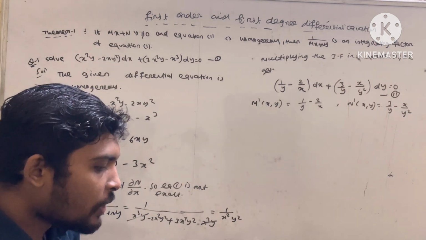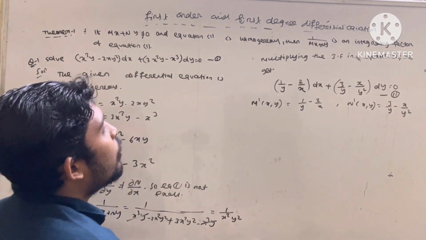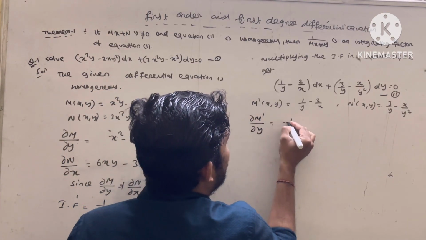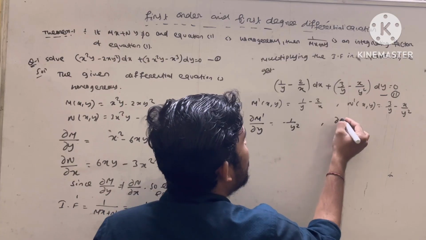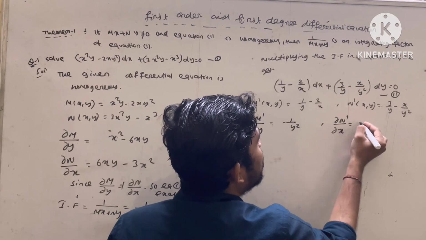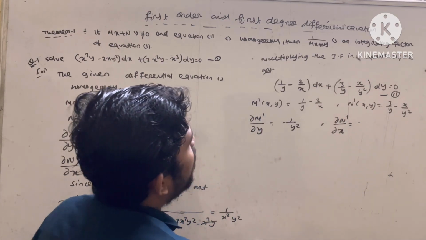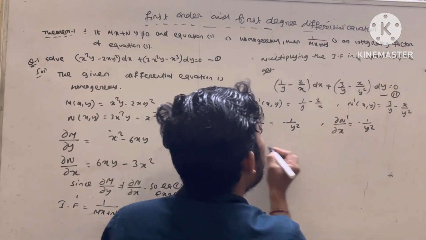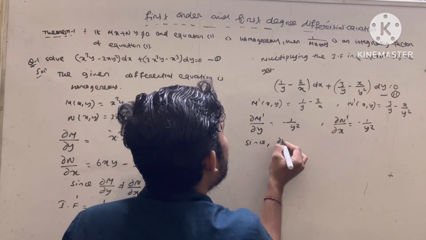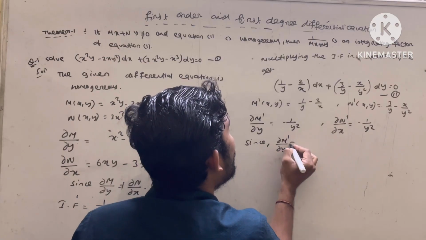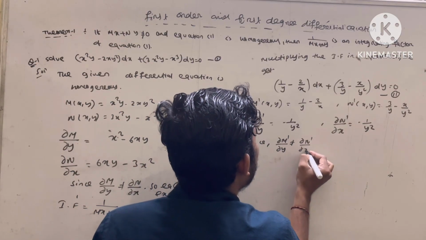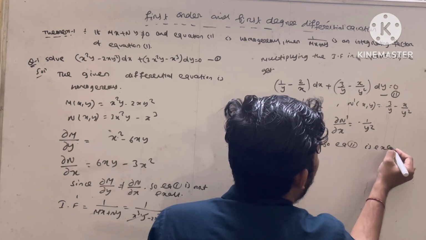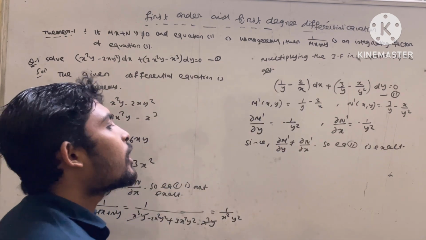Now just find del M dash by del y, which is minus 1 by y square, and del N dash by del x, which is minus 1 by y square. Since del M dash by del y is equal to del N dash by del x, equation 2 is exact.